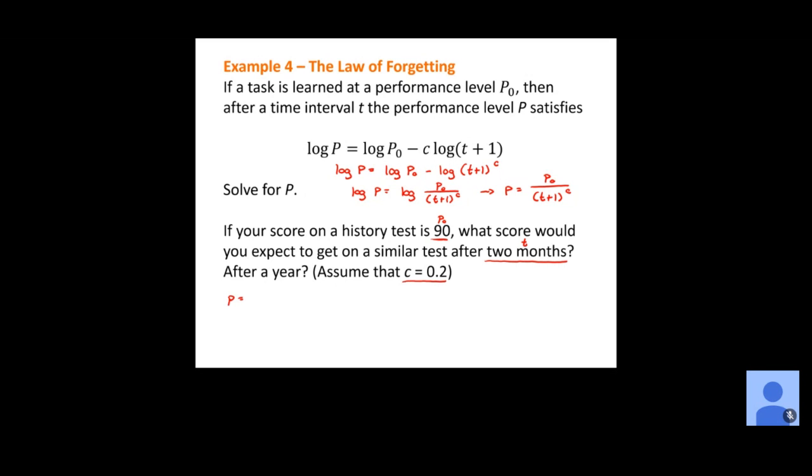We have P equals P sub 0, which is 90, divided by T plus 1, so that's 2 plus 1, raised to the C, which is 0.2. At that point, we can just go to our calculator. We have 90 divided by 3 to the 0.2.